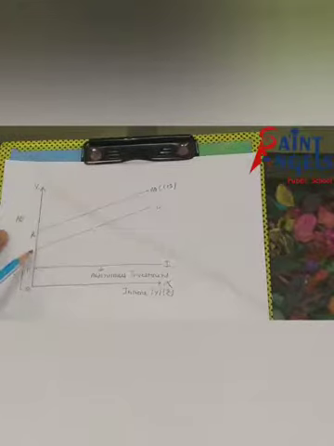It means the gap between P and Q is also equal to rupee 20, and the gap between R and Q is also equal to rupee 20. I hope all of you have understood.